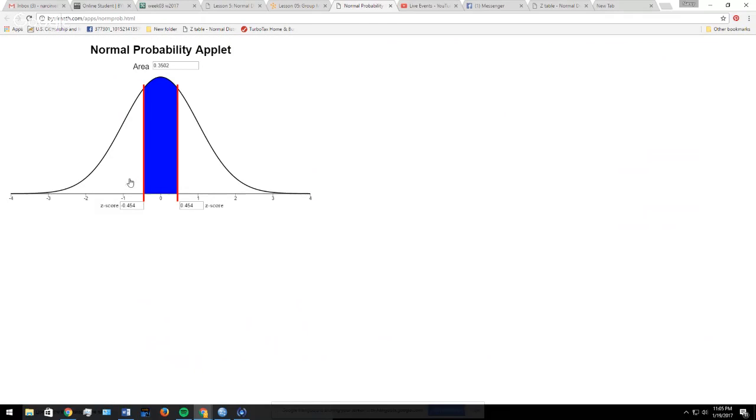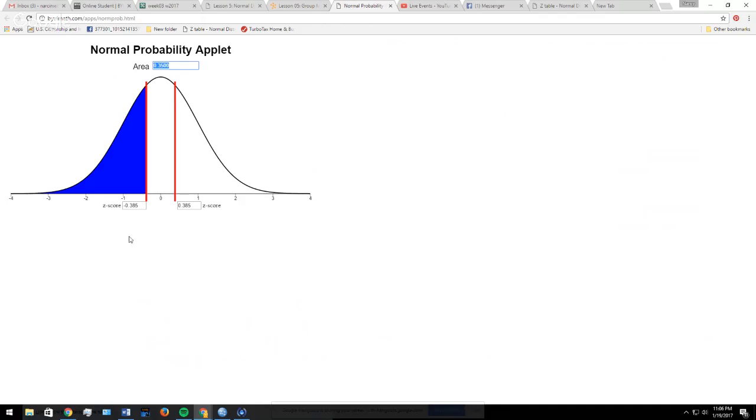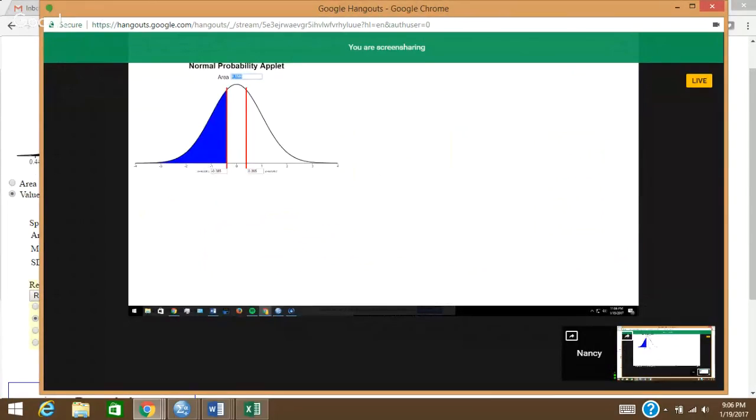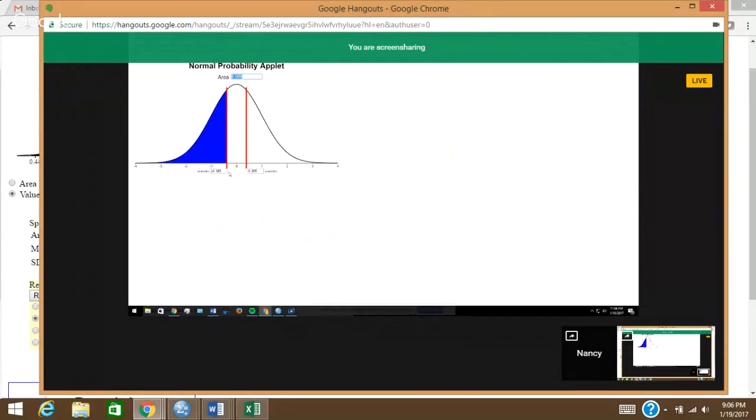When you go back, it's below the 35% area, 0.35. So the negative 0.385. You see it? Yeah, I see. Okay.